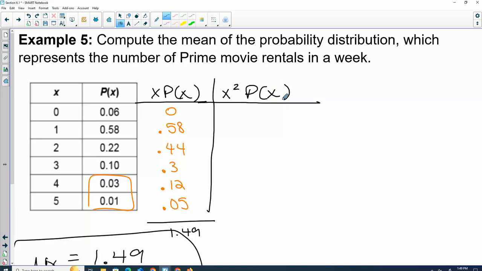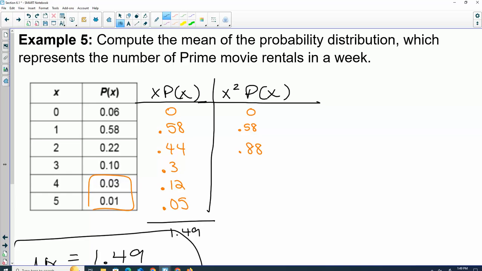To get that, 0 squared is 0 times the probability is still 0. 1 squared is 1 times 0.58 is still 0.58. The next one, 2 squared is 4 times 0.22 will give us 0.88.